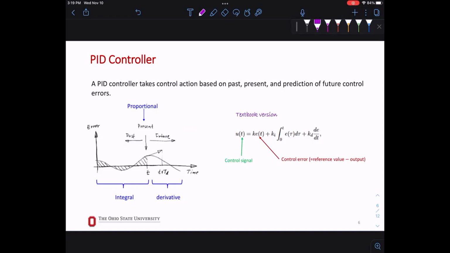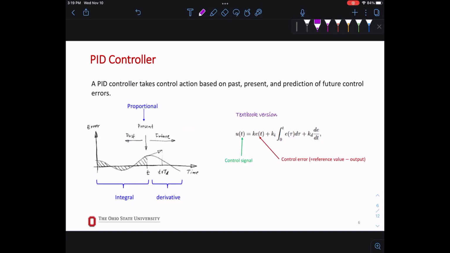So that's where we have the derivative, or the tangent: if you draw the behavior of our system, you can guess there will be some error in the future which I can account for. That's the last term, the derivative term, D.